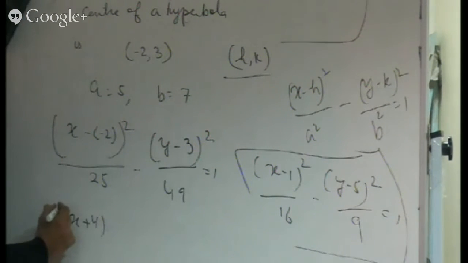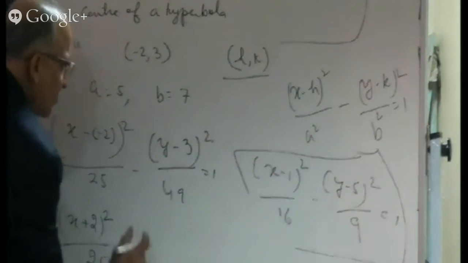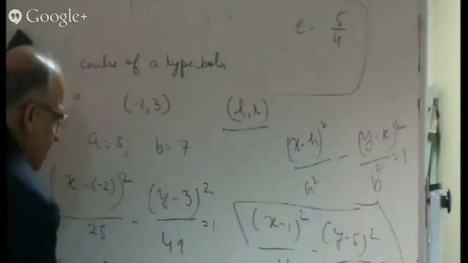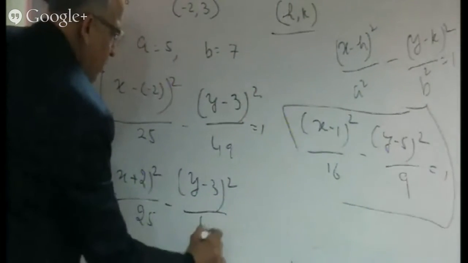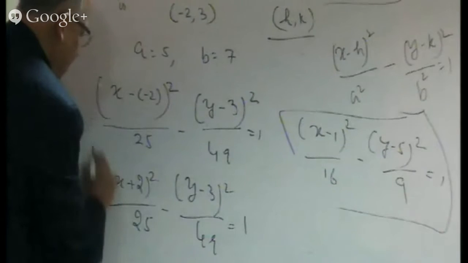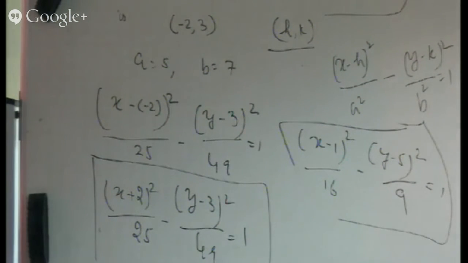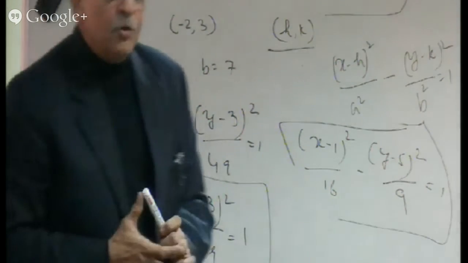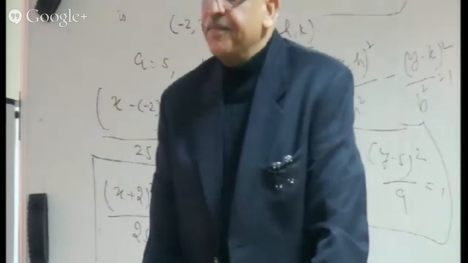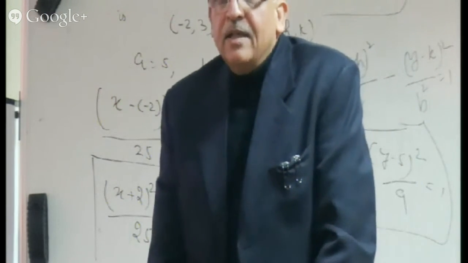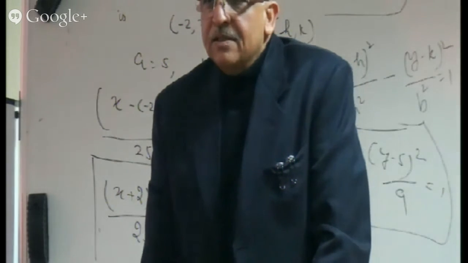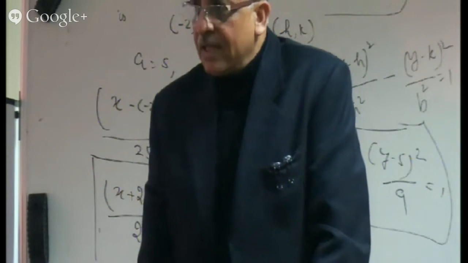So it becomes x plus 2 whole square upon 25 minus y minus 3 square upon 49 equal to 1. This we get as the equation. And if you expand these expressions, you will see that it will again be a second degree equation in two variables x and y.